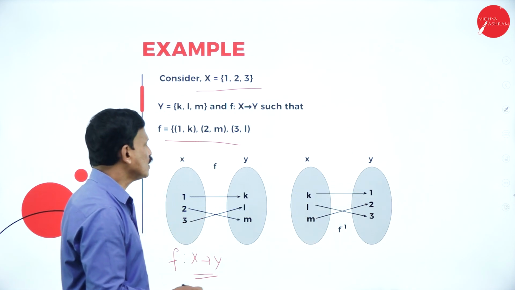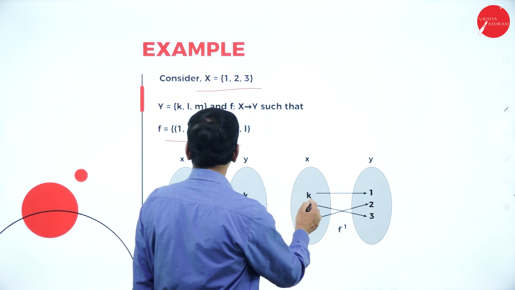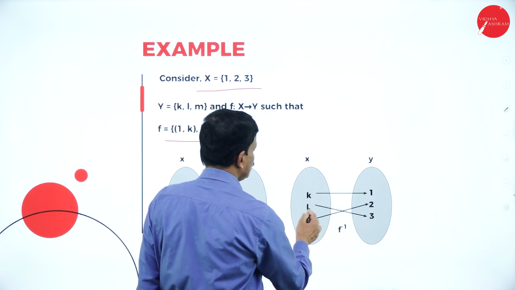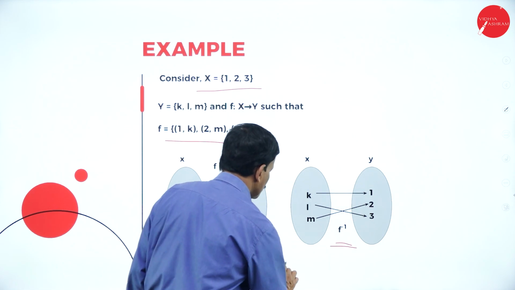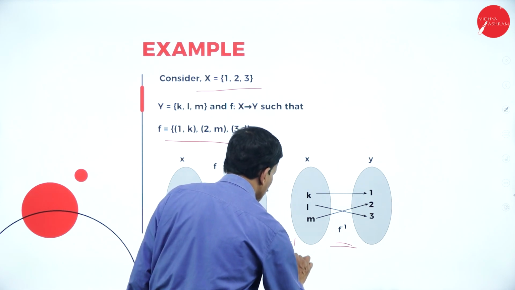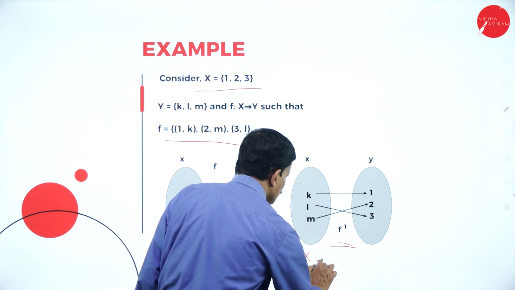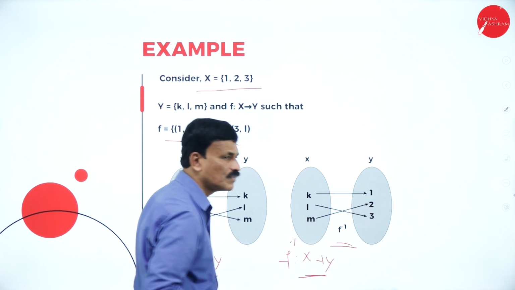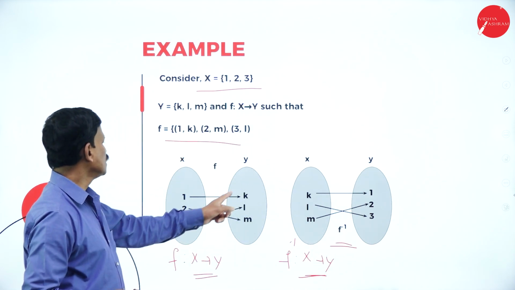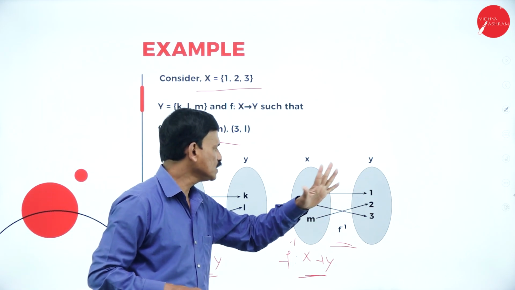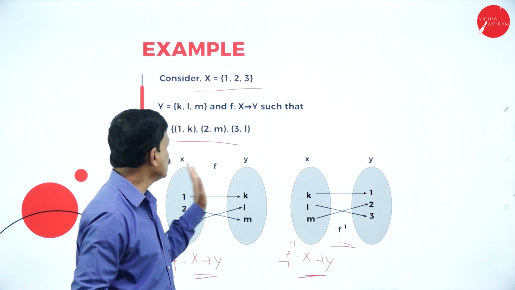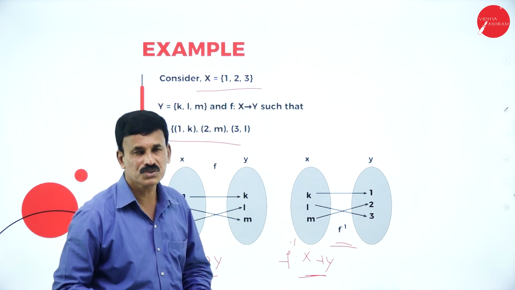The mapping k to 1, l to 3 and m to 2 is called the inverse of the function. So f inverse, this is the inverse function, is k to 1, l to 3 and m to 2. This is the inverse of the function f from X to Y.